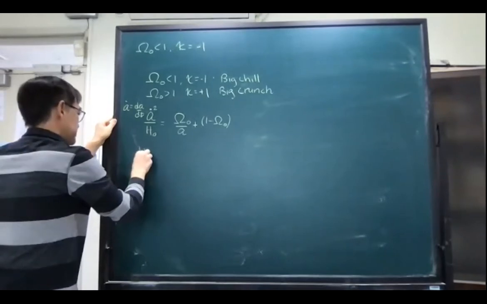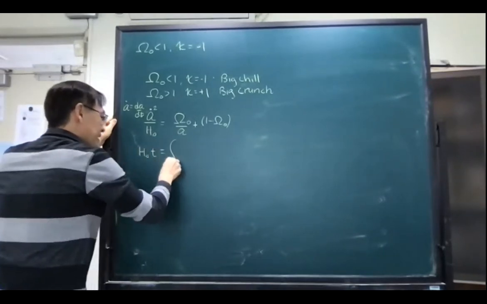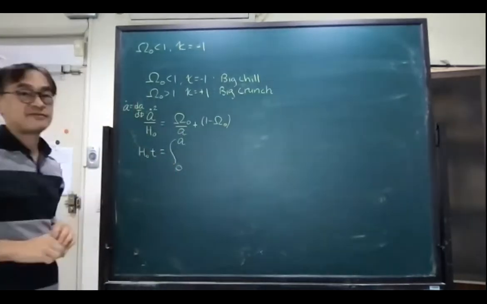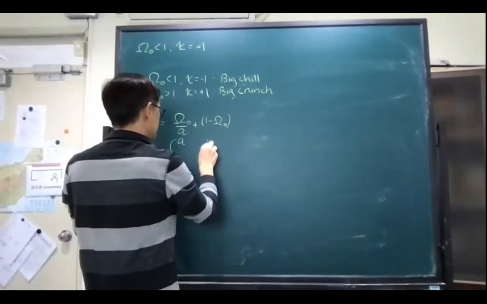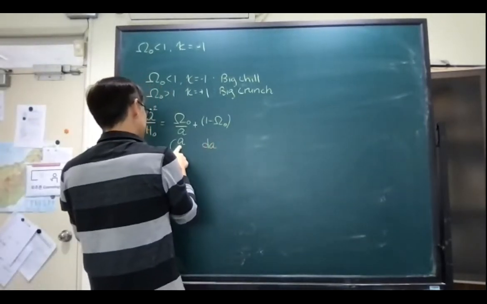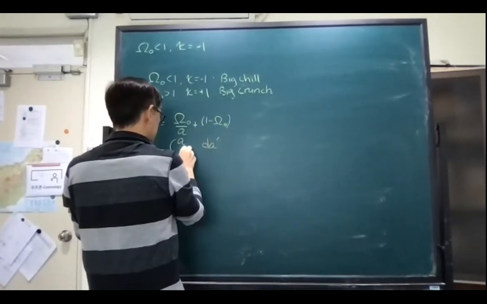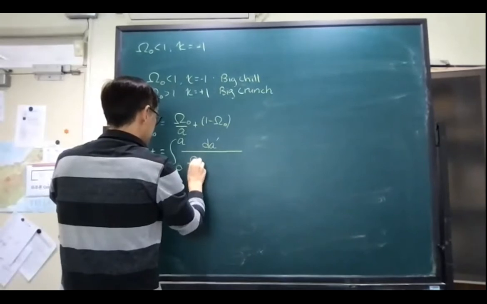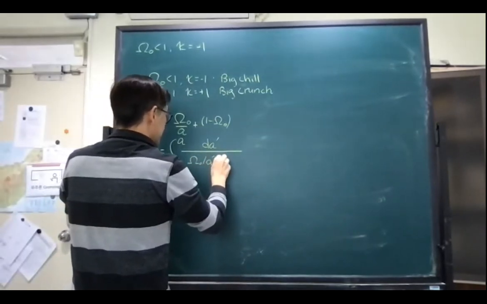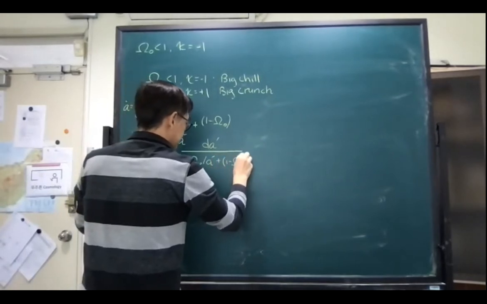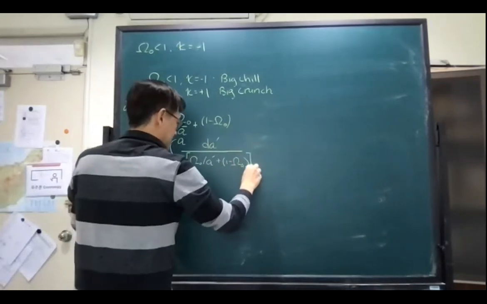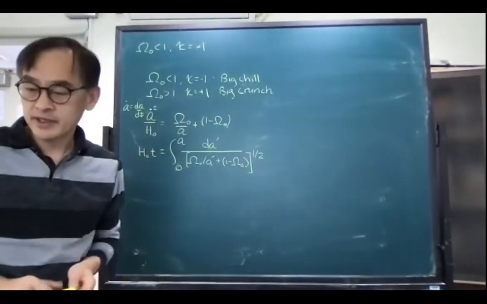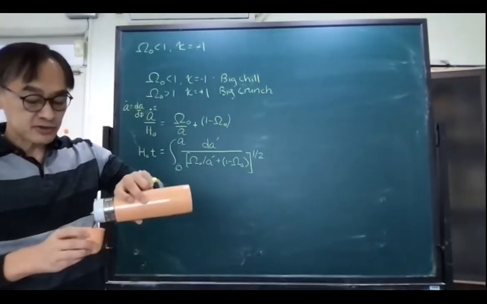So I can have H0 t, and formally I can write the integral from 0 to a certain value of the scale factor, of dA prime, differentiating this from that, and in the denominator I have omega 0 over a prime plus 1 minus omega 0, to the power 1/2. This one has an analytic solution.